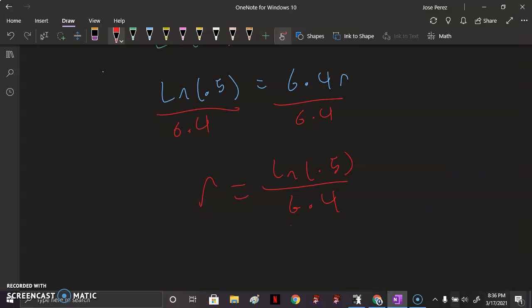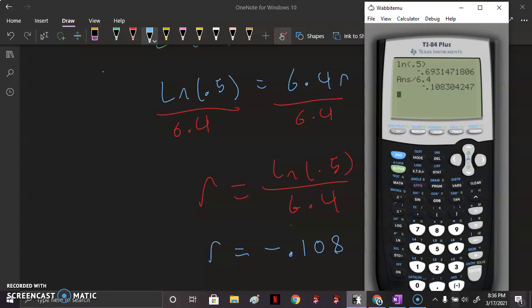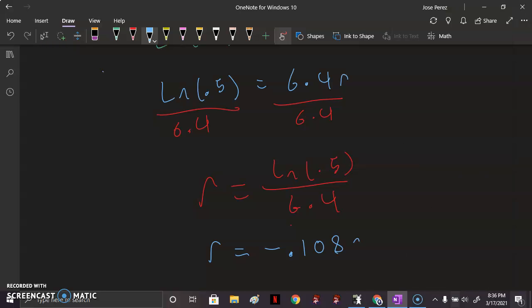So we have in the final rate our r value, which would be r equals the rate at which it's decreasing, the half-life, negative 0.1083. And that's what we're going to use.